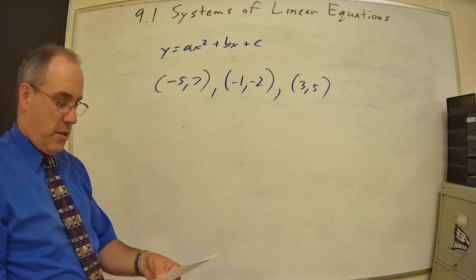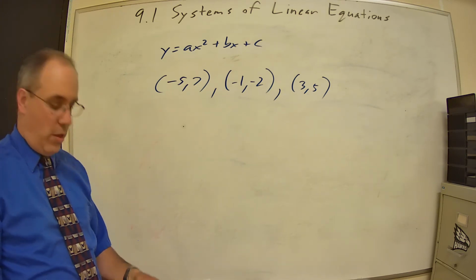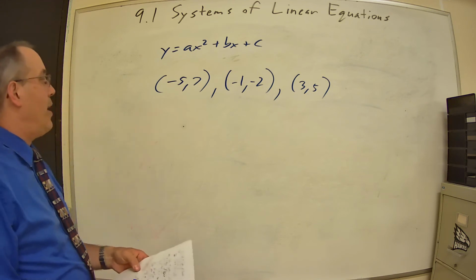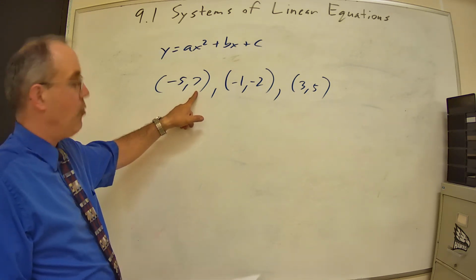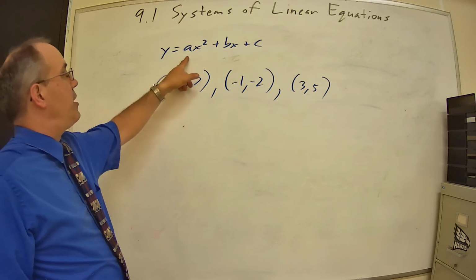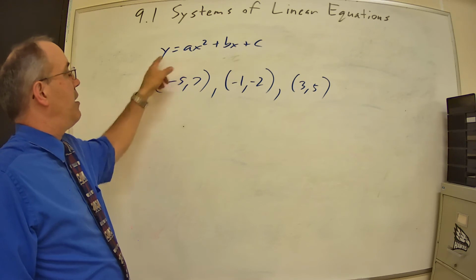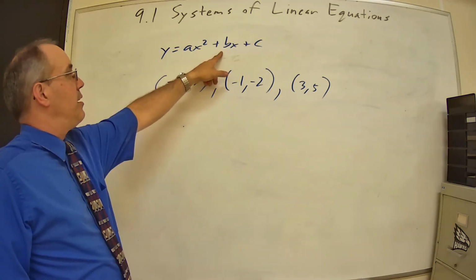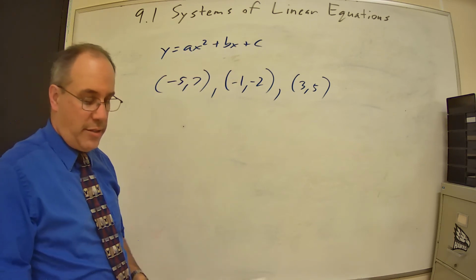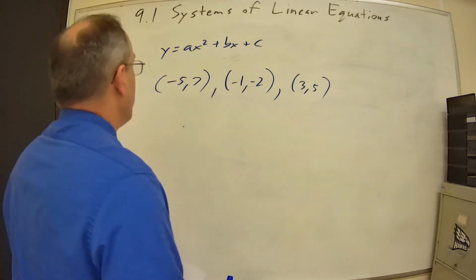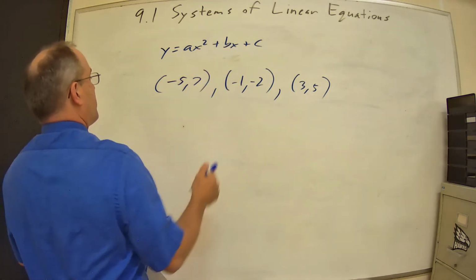So the question is, how are we going to do that? Well, we can do that by taking these points and substituting in to this equation to then find A, B, and C. So let's see what happens if we put negative 5, 7 into this equation.